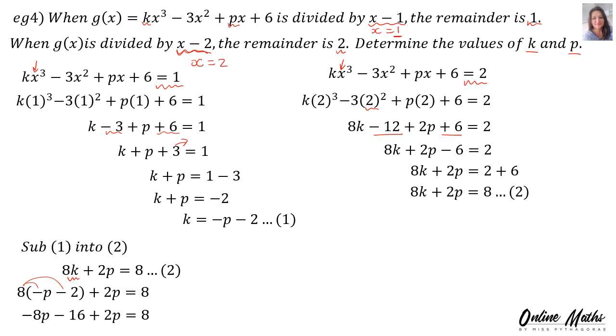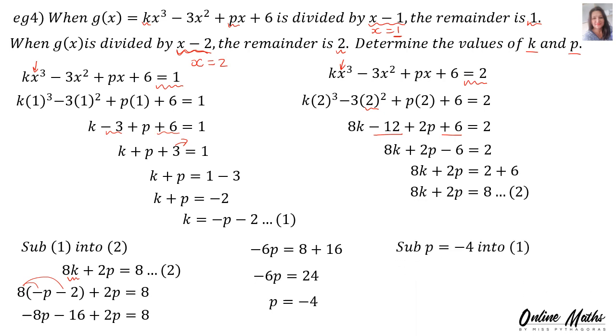Now you will add all your like terms on the left hand side, and you will say negative 8p plus 2p is negative 6p. And you will let the negative 16 walk across to the right hand side, and it becomes plus 16. Then on the right hand side, 8 plus 16 is 24, and now we will divide away negative 6 both sides. Therefore, p is equal to minus 4.